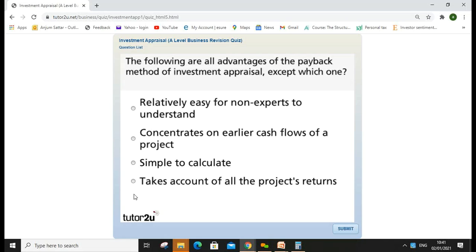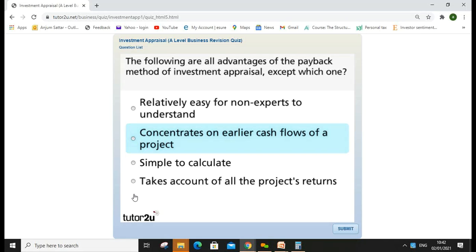Okay, what about the next one? The following are advantages of the payback method. Except which one? Which one is not an advantage, all others are advantages? Relatively easy: a non-expert can say what you invest, what you get. Concentrate on earlier cash flows of the project. It's simple to calculate and takes account of all the project return.